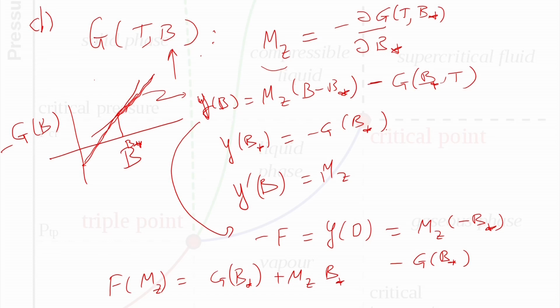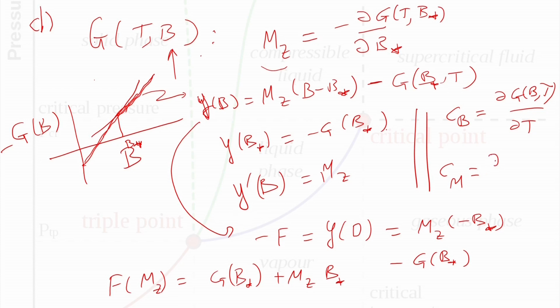So as a result, you see that the specific heat at constant magnetic field by definition is the derivative of the Gibbs free energy with respect to temperature, and the derivative of the free energy at constant magnetization with respect to temperature is going to be the specific heat when you hold the magnetization fixed.